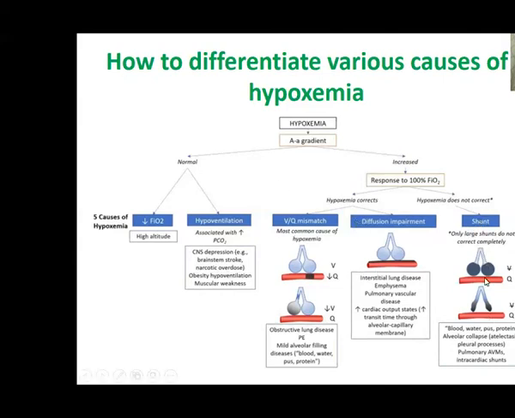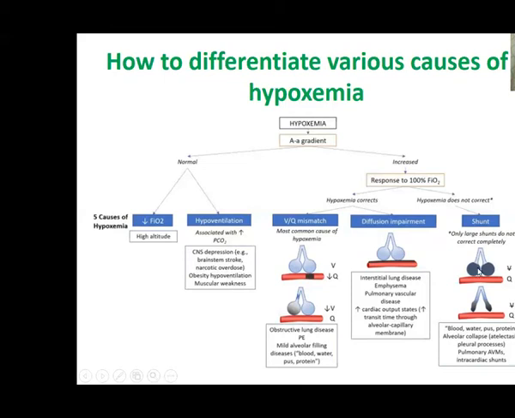then this is a shunt, because either all the alveoli are filled with fluid, therefore there will be no ventilation, but perfusion is there. Or if there is a major embolism, there will be no perfusion and ventilation will be there.